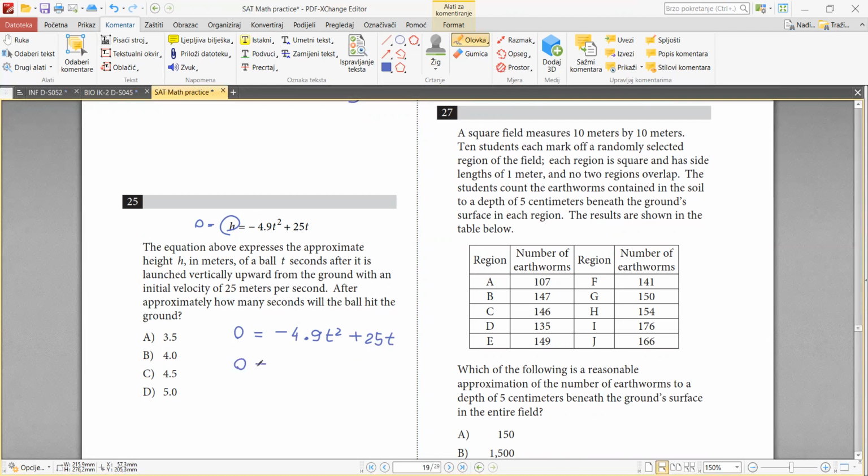And then 0 equals, we have two possible options now. T can be equal to 0. And the other option is minus 4.9t plus 25 is equal to 0. And this equation will give us approximately 5 seconds until the ball hits the ground.